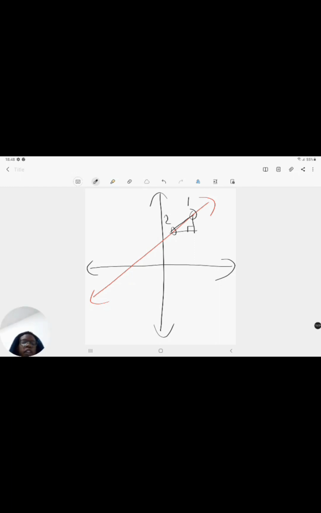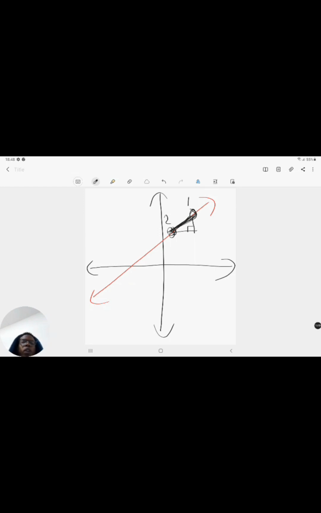Now, what you want to calculate is the slope of this line here, or the gradient of that line there. How do you do that? Well, you will know that each point on the straight line is represented by coordinates, right?